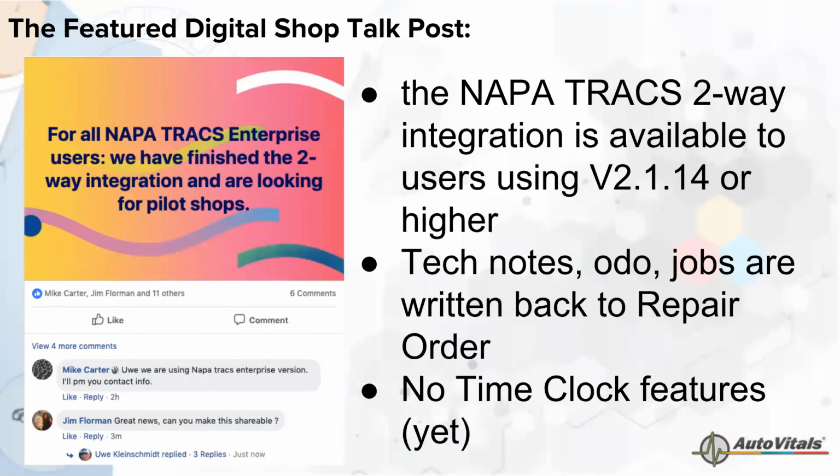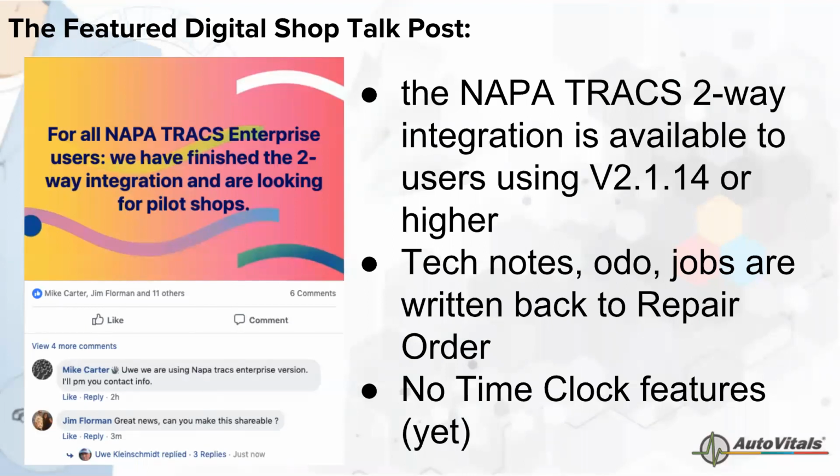If you are a NapaTrax enterprise user and you want to use it, you need version 2.1.14 or higher. I think the latest is 2.1.21. And I mean the NapaTrax version. So we are ready to deploy that with you, but you need that version.